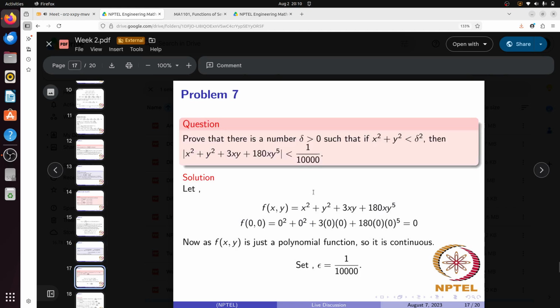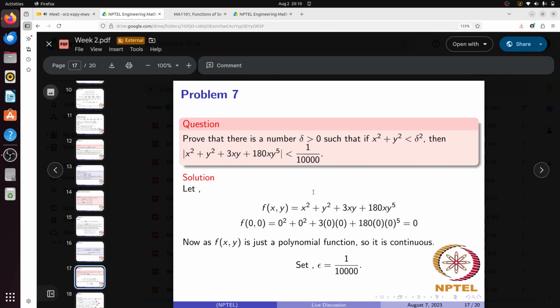Next, prove that there is a number delta greater than 0 such that if x square plus y square is less than delta square, then f(x,y) equals x square.